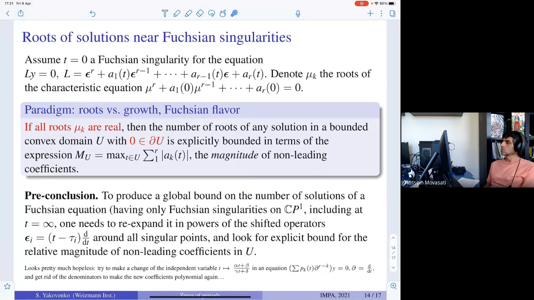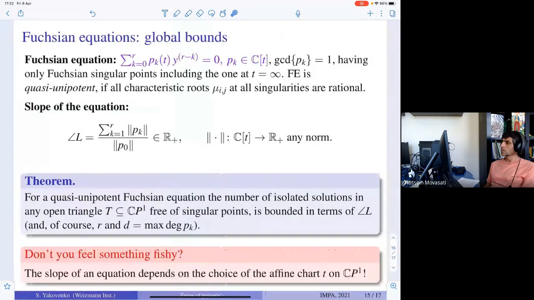And the claim is that if all the roots are real, then the Euler part is non-oscillating. It has only finitely many zeros, and the magnitude of the nonlinear terms gives an upper bound for the number of roots. Okay, I'm limited in time.